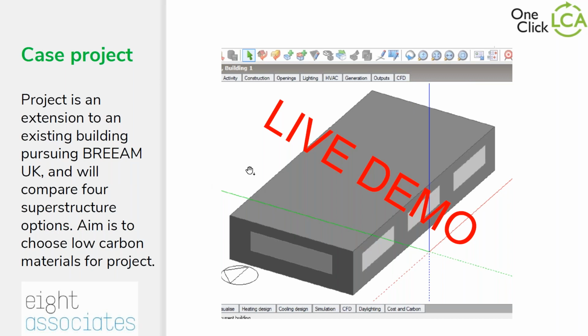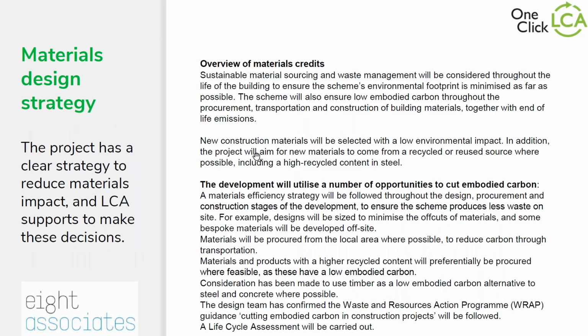And they have a clear strategy to reduce material impacts, and the LCA is of course feeding back into the material strategy. I'm not going to read all of this through, but this will help to instruct the choice of low impact materials and hopefully also materials efficiency.